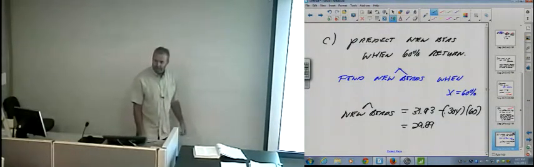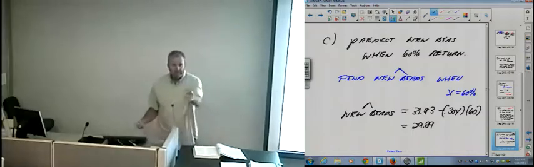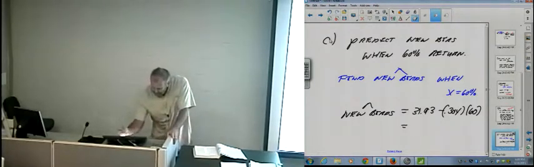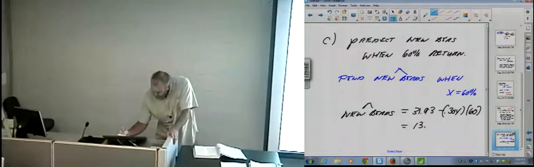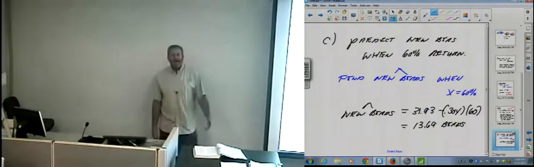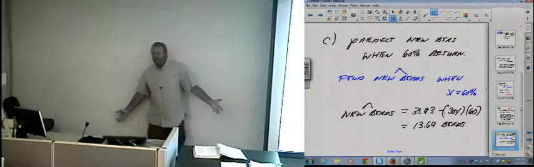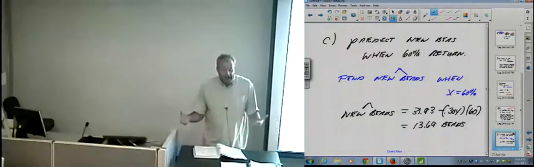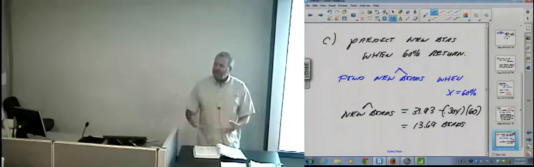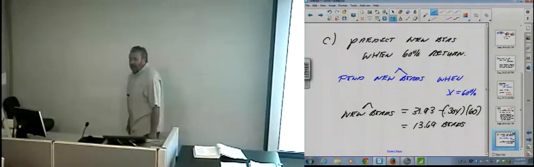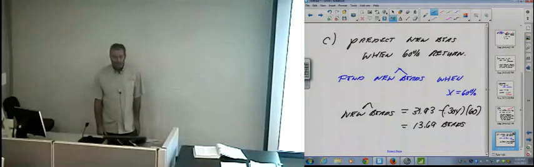I got 13.69. Try again. Okay. So the line is predicting 13.69 birds to join the colony if 60% of the birds return from the previous year. That's what the line is predicting for us.